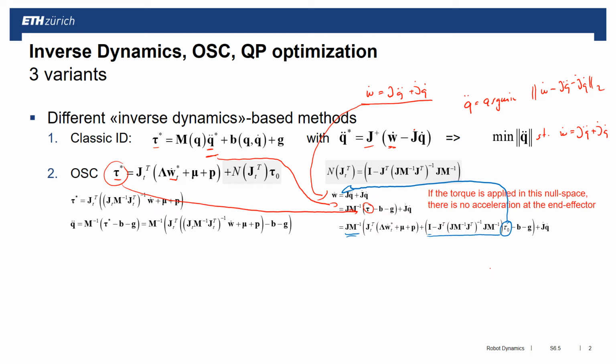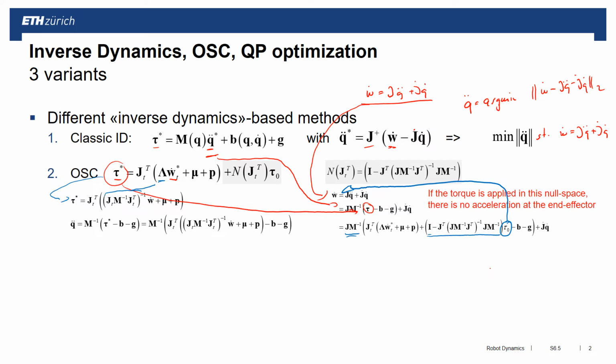Now we can analyze this even further. We have a look at the torque that we calculate from up here, and we are now inserting this inertia property that we have derived last time. So lambda is equal to that thing.